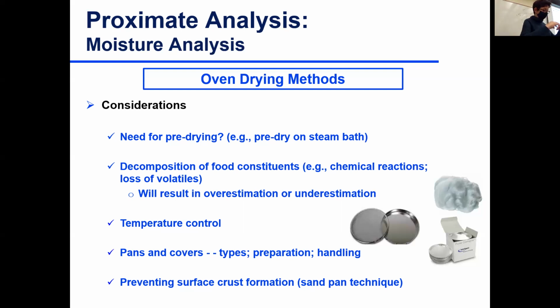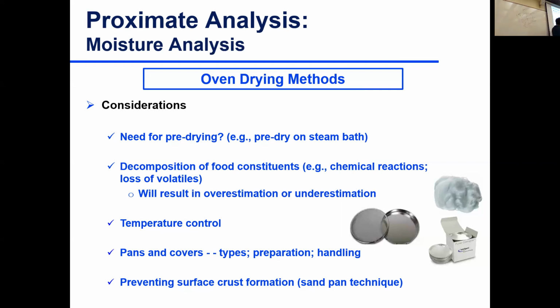And the weight of the oxygen will be counted towards your dry matter. In this case, you get underestimation of moisture. Because now you have more dry matter, even though moisture has evaporated, you have more dry matter weight because of added oxygen, so you end up underestimating your moisture content.